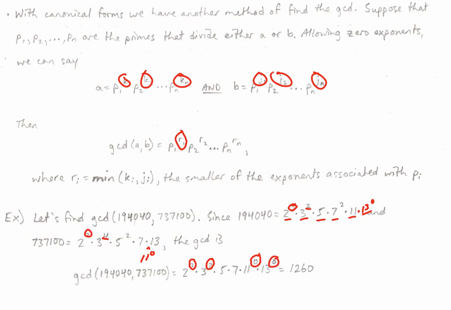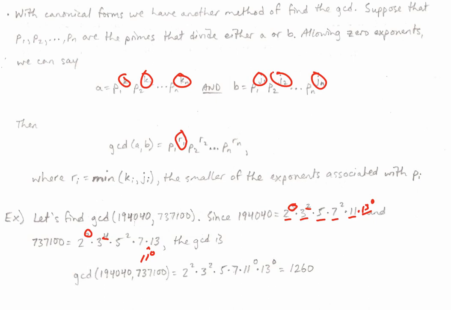So this right here is your GCD in its canonical form. There we go: 2 squared times 3 squared times 5 times 7 times 11 to the 0 times 13 to the 0. And if you multiply those out, you get 1260.